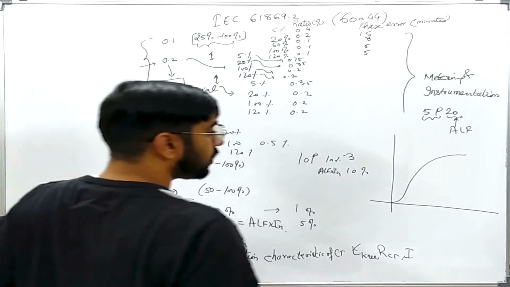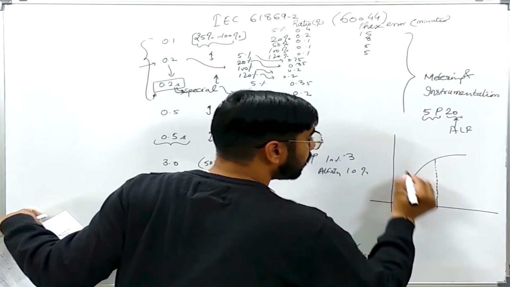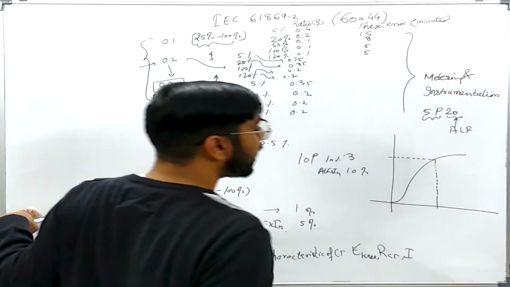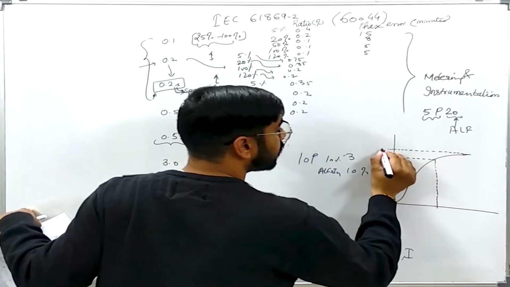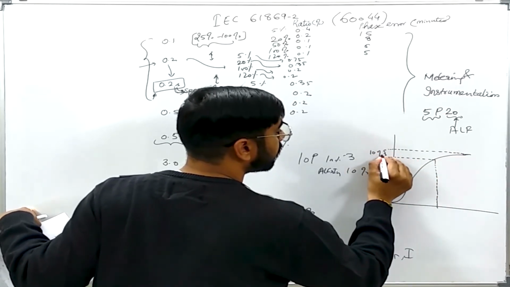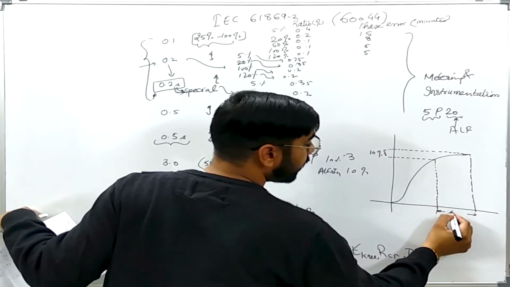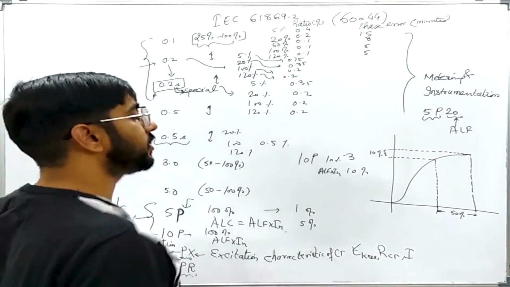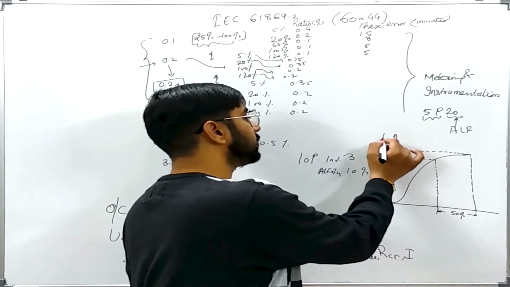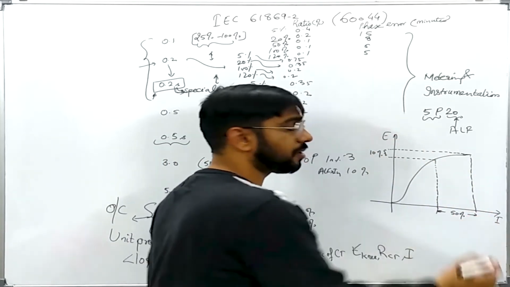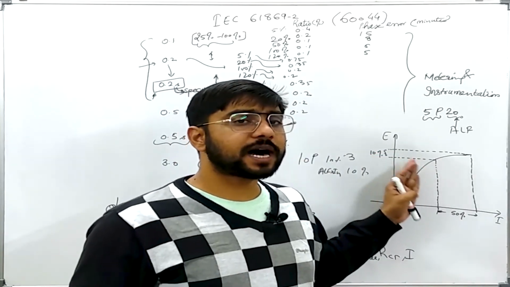Okay, so the knee voltage according to IEC is that voltage that when I increase this voltage by 10%, my current will increase no more than 50%. So this point will be the knee voltage. That is, for 10% increase in the voltage, the current will increase no more than 50%. This is the definition of knee voltage as per IEC.